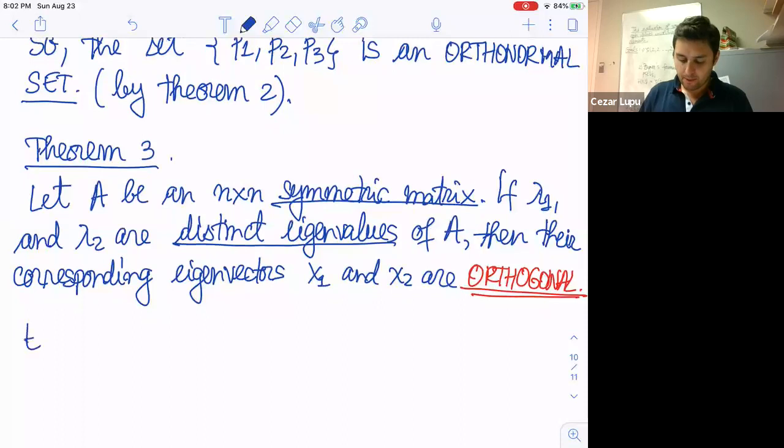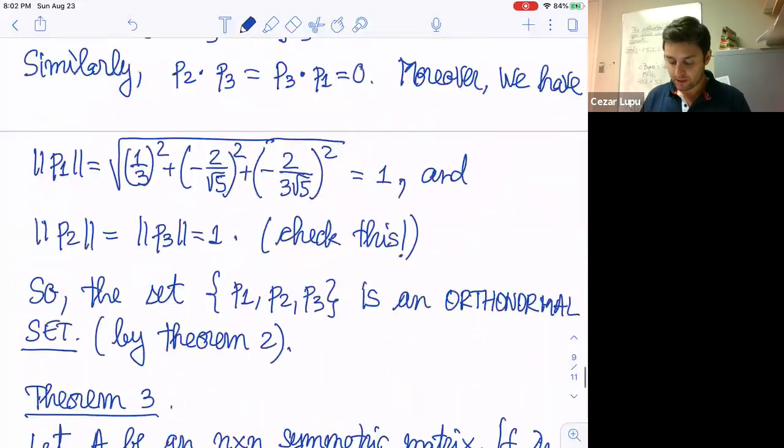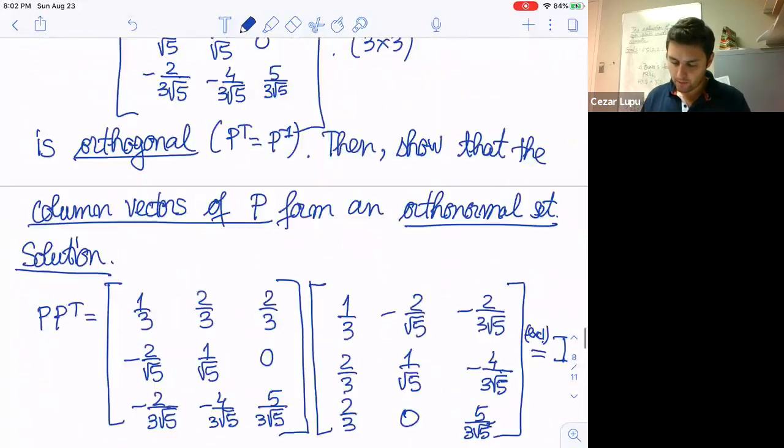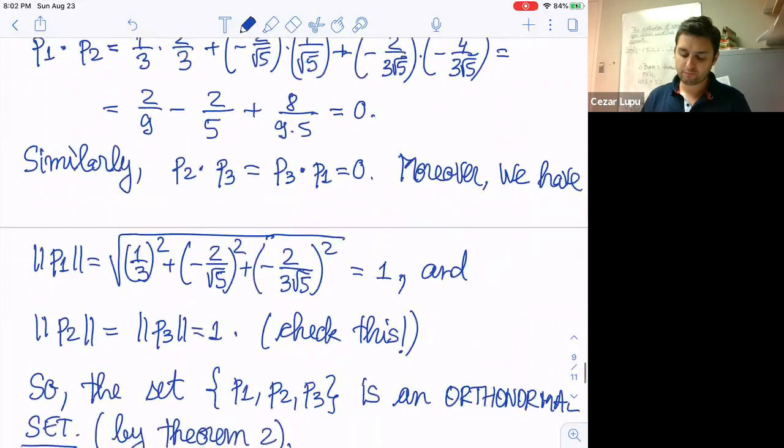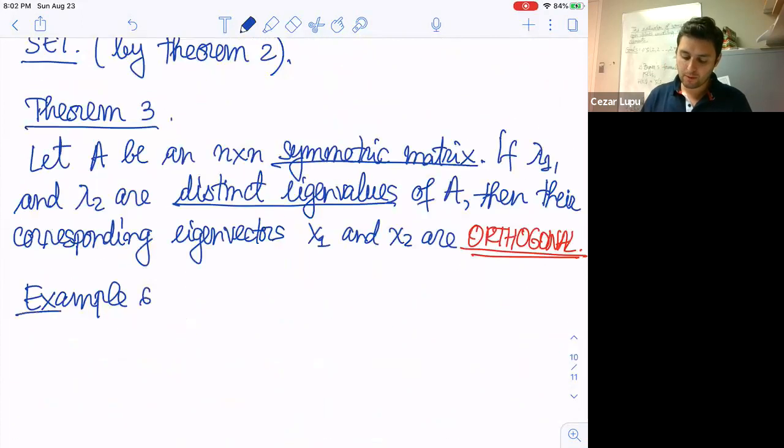Now let's see an example. Example number 6. Now let me consider a 2 by 2 symmetric matrix this time.